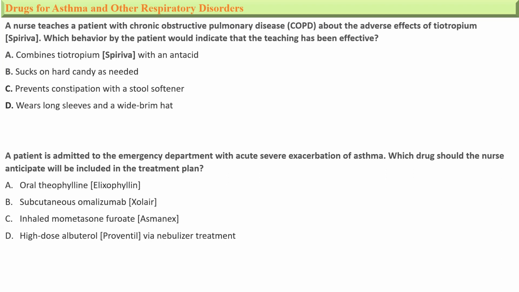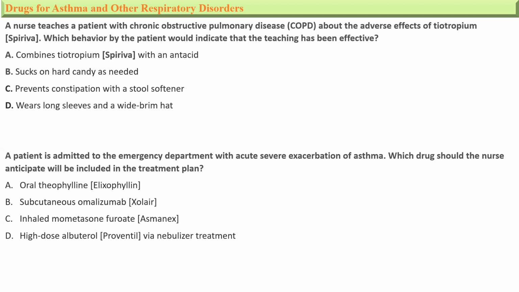Which drug should the nurse anticipate to include in the treatment plan? The answer is D, high dose albuterol Proventil via nebulizer treatment. Nebulized high dose short-acting beta agonists such as albuterol are administered to relieve airflow obstruction.